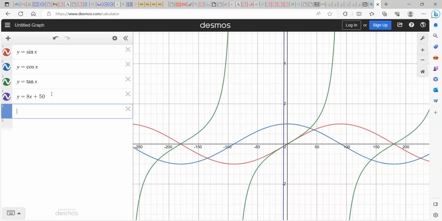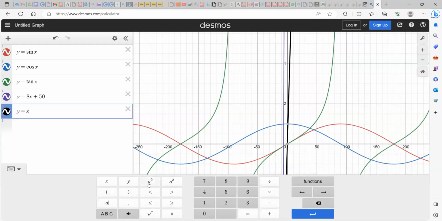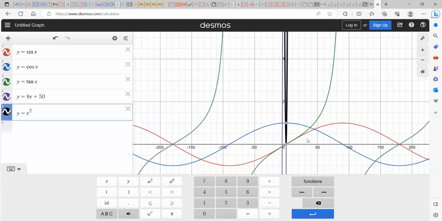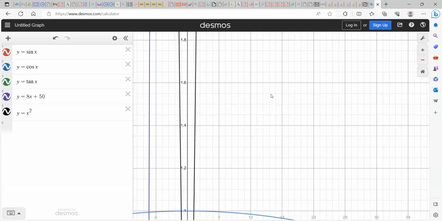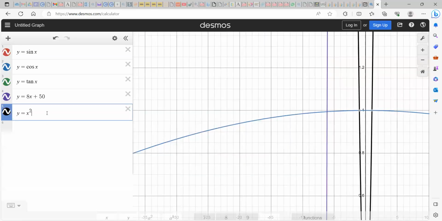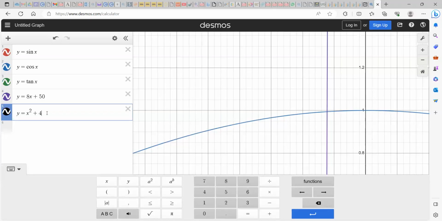You want a quadratic, y equals x squared, or x squared plus 4x plus 4.